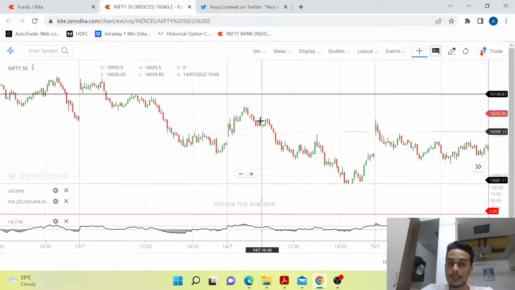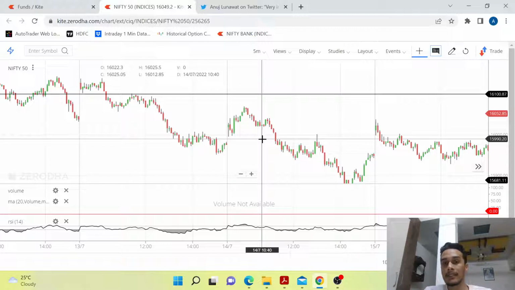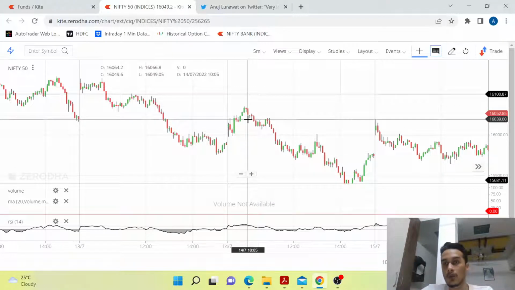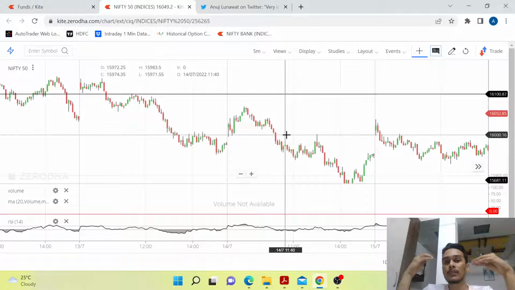Even in a position where the calls will lose a lot of value and the puts will gain a little bit, not much because the momentum is not there, as soon as the calls lose value, you have to keep on adjusting if you want to maintain that bearish bias.